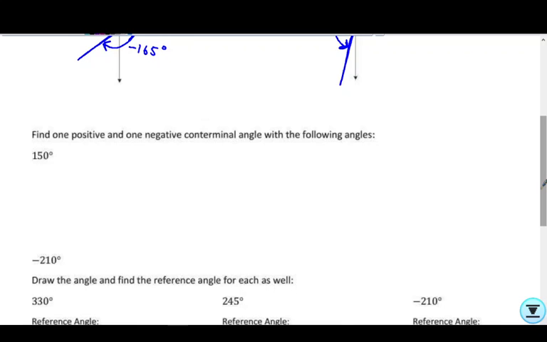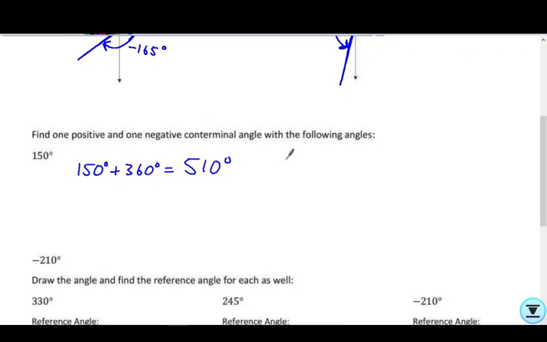So 150 degrees. To find coterminal angles, we add or subtract 360 degrees. First I take 150 and add 360 degrees, and you get 510 degrees.